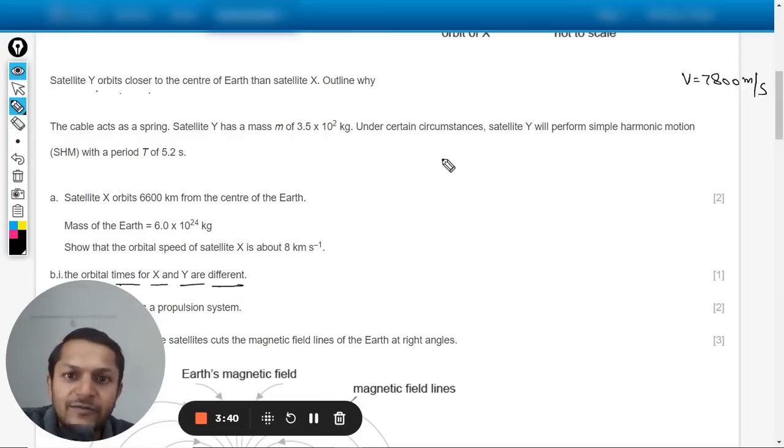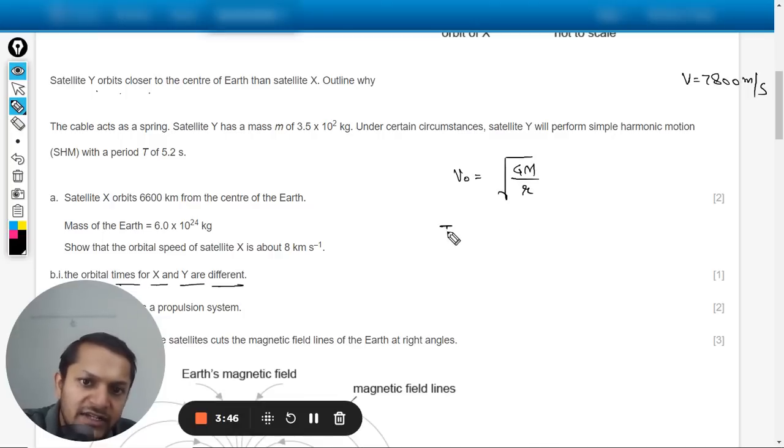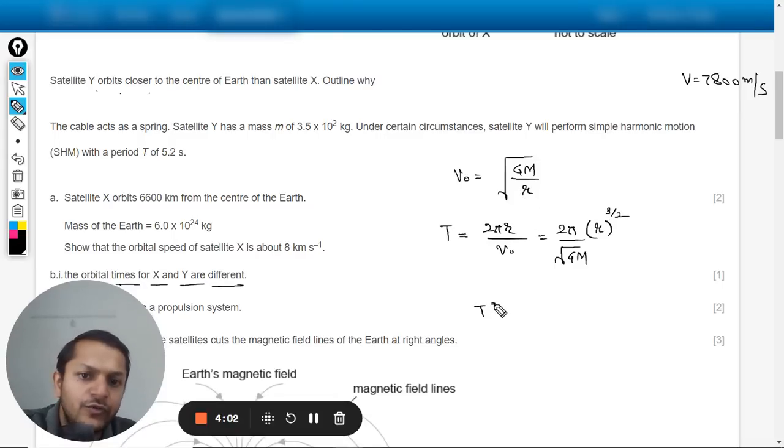So my dear students, as we can see, the velocity is given by the square root of GM divided by r. Obviously time we can find as 2 pi r divided by the orbital velocity. That will come out to be equal to 2 pi times the square root of r cubed over GM, that is, r to the power 3/2 over the square root of GM. I think you would have this formula in your data booklet also.